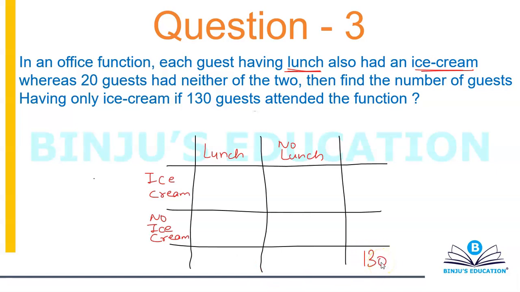In an office function, each guest having lunch also had an ice cream, which means there is no guest who had lunch but did not have an ice cream. Which means this here becomes 0. 20 guests had neither of the two, so this will become 20.